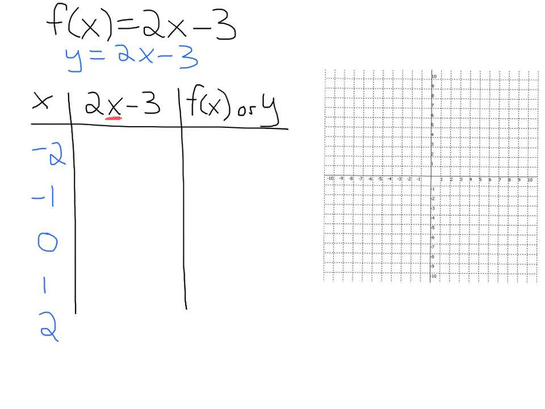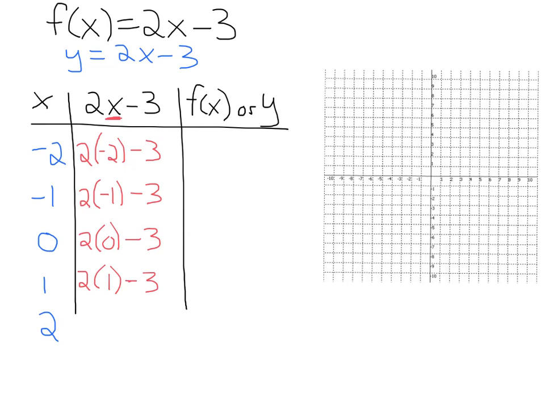So when I'm showing my work, I have 2 times x, but x is -2, minus 3. For the next one, it would be 2 times -1 minus 3. 2 times 0 minus 3. 2 times 1 minus 3.